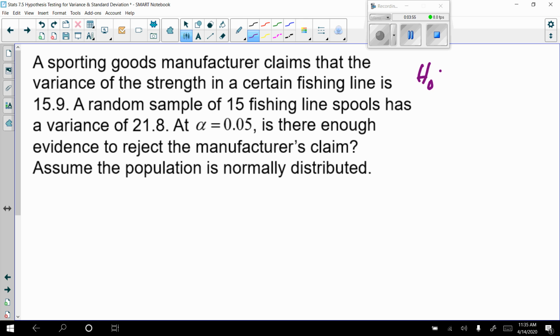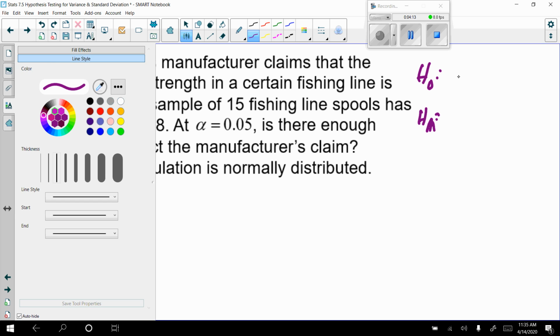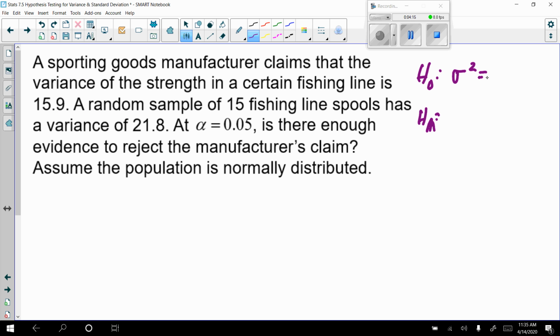So we need a null hypothesis and an alternate hypothesis. Their claim is 15.9, so the variance equals 15.9. We're supposed to show that the variance does not equal 15.9.